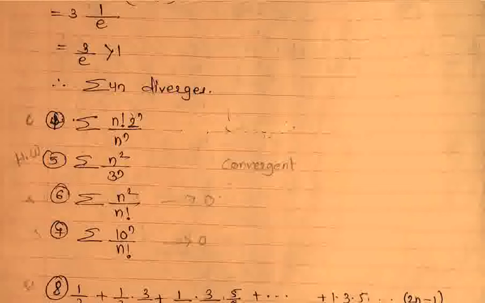So the n factorials cancels out, and the n cancels out with the n minus n which is 0, and then 1. So n plus 1 divided by n to the n plus 1 divided by... sorry, this is not to the n, this is n plus 1 to the 1.